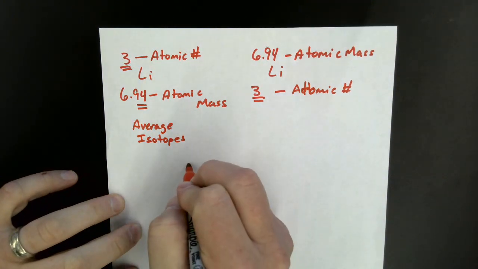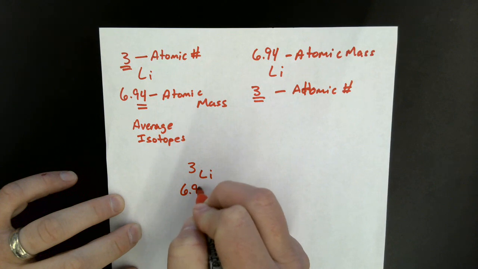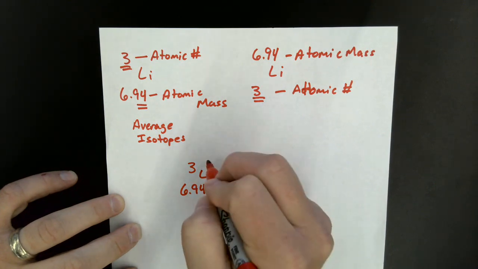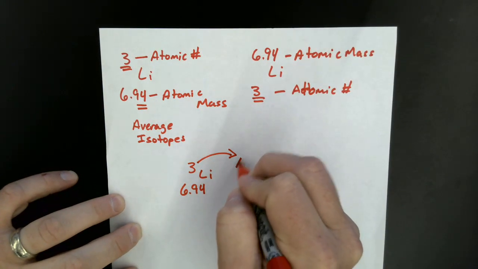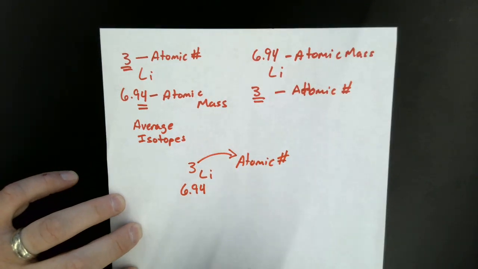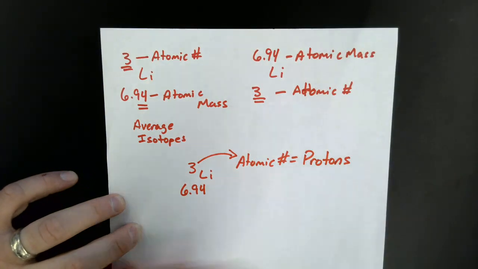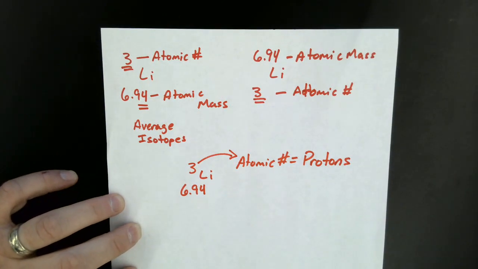How do we find our number of protons and our number of neutrons and our number of electrons inside of the periodic table? Well, remember, our atomic number identifies our element. So our atomic number is always equal to the number of protons. If you stumble across an atom and it has 3 protons, you know you're looking at some sort of variation of a lithium atom.